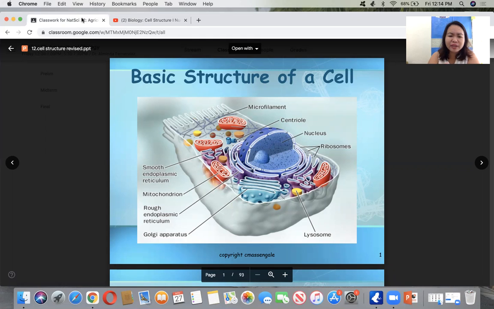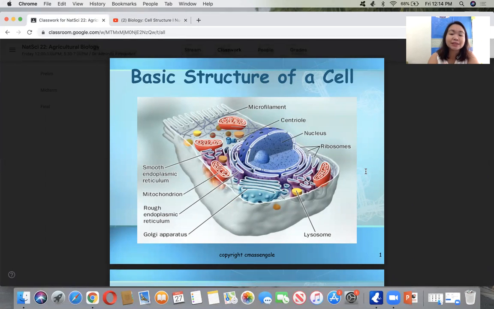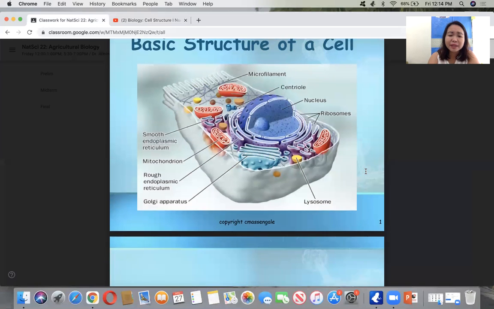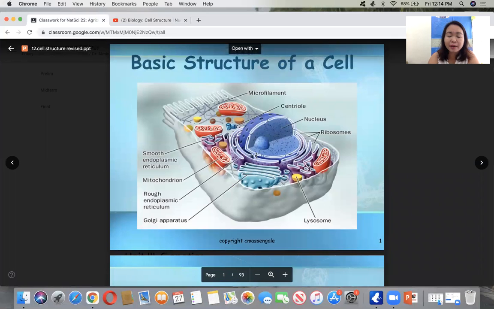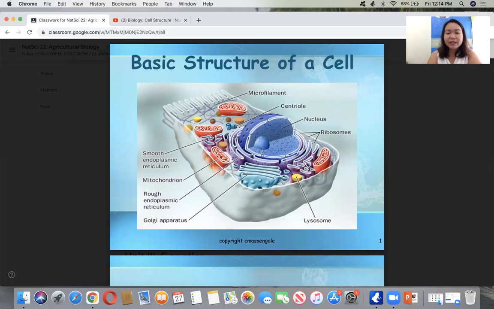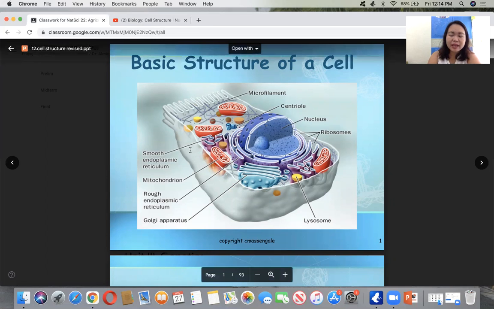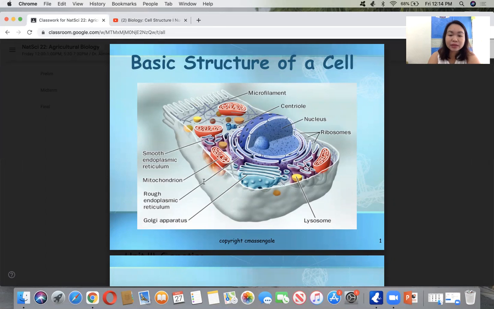I even have 93 slides just to talk about the basic structure of a cell. This specific structure has been mentioned in detail and in animation in the video that we just saw, and hopefully you can easily remember them.